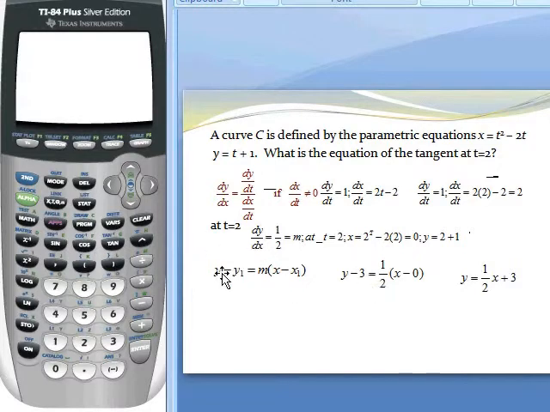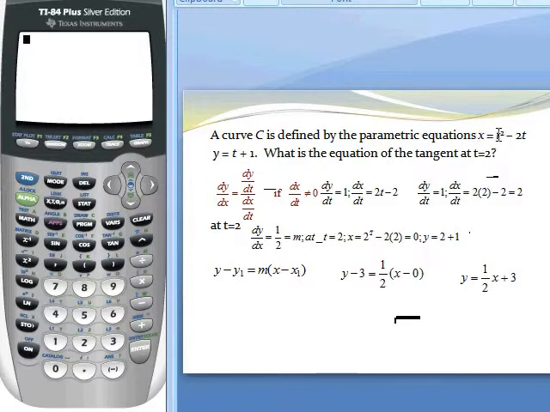Then I use the equation of a line, remember how that was? y minus y1 equals m times x minus x1. That m is going to come from 1/2, and I put that in here. Now, what is x when t is 2?